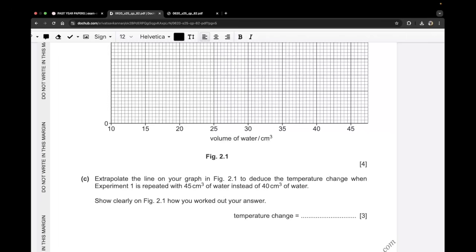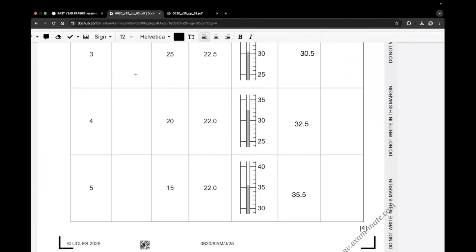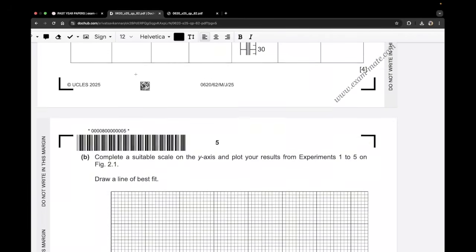Extrapolate reduced temperature change with experiments repeated with 45 centimeter cube of water instead of 40 centimeter cube. So this is something that you will be able to do once you have actually drawn this line over here, right? I'm guessing it's going to be a positive line.